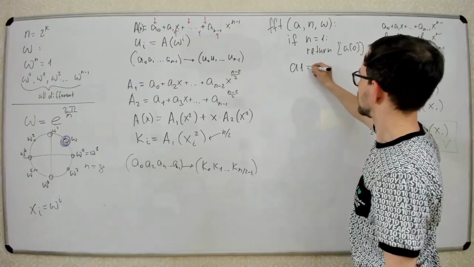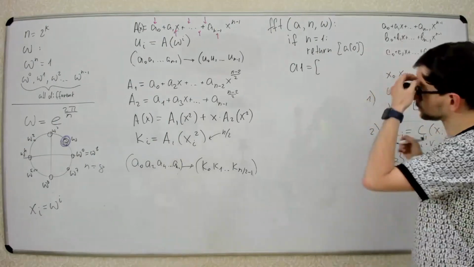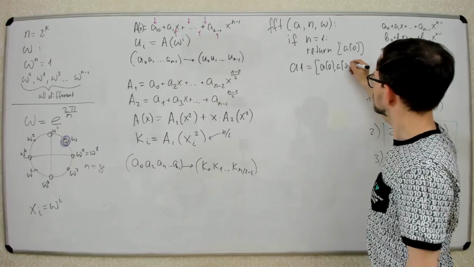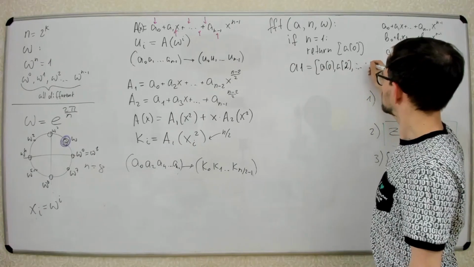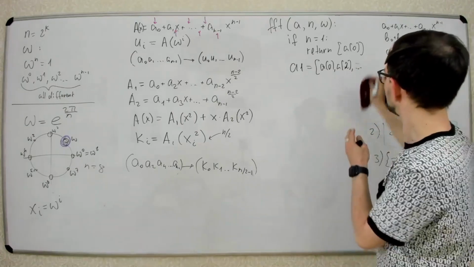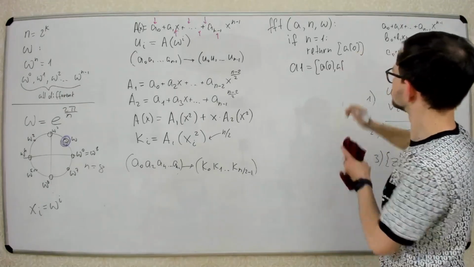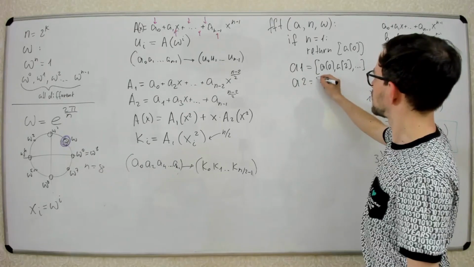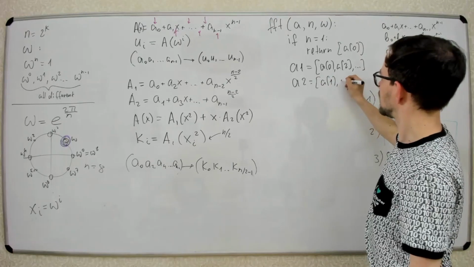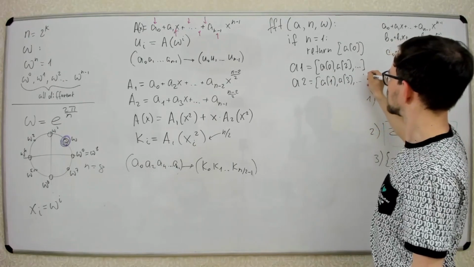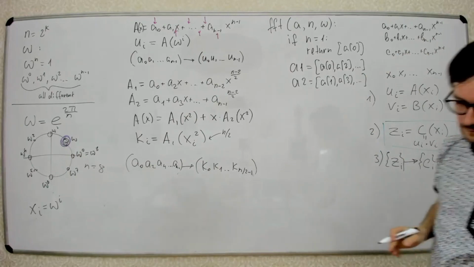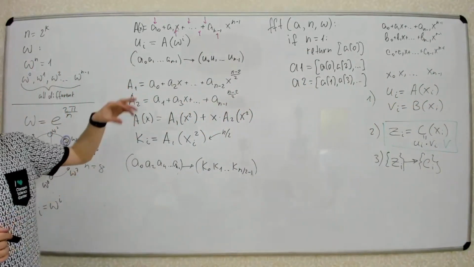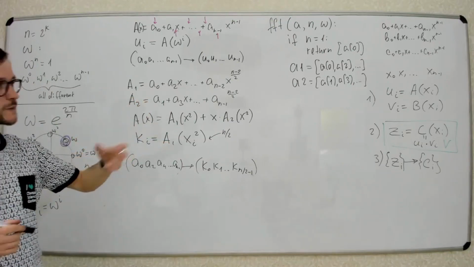Polynomial a1 will be a polynomial of coefficients a0, a2, and so on. And polynomial a2 will be a polynomial of coefficients a1, a3, and so on. Now I will recursively calculate the values of these polynomials in n over 2 points.